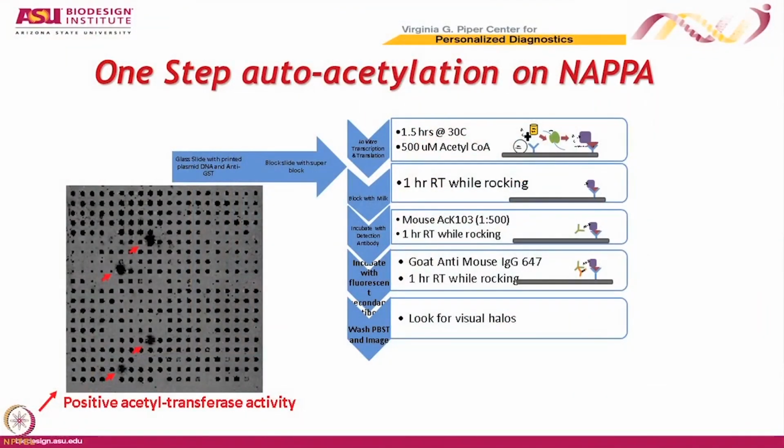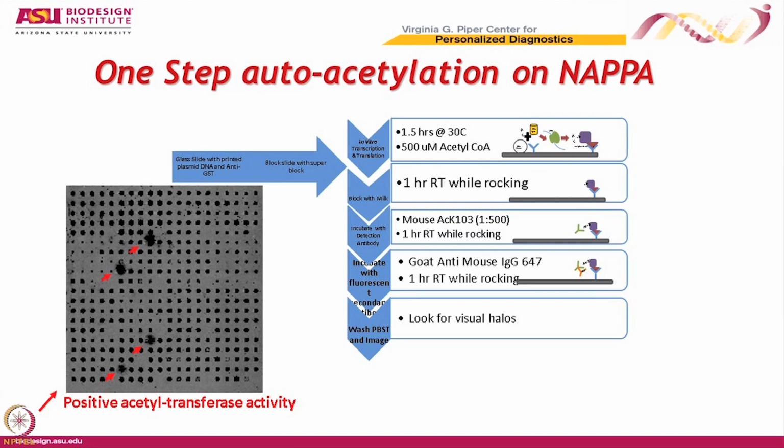Another assay, and I'm only going to show one slide from this because it's still an early study, is work that Ji Cho in the lab has been doing. Hopefully you can see the dark spot there, the dark spot there, the dark spot there. He basically was looking for proteins on the array that autoacetylate.